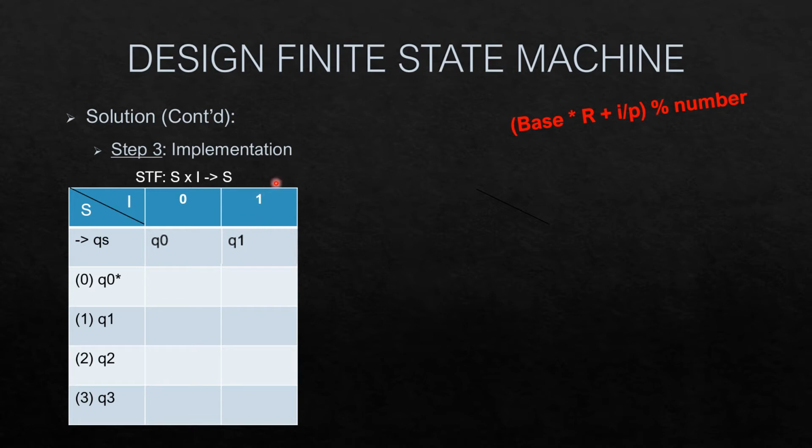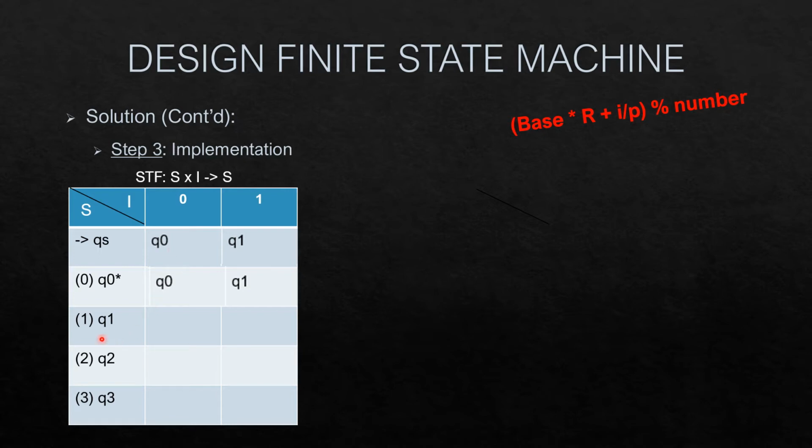So when I divide this 1 by 4, I will definitely get remainder 1. So I have to transit to Q1 state. Similar thing will be represented in Q0 state, because the previous division had given me remainder 0, so the next digit is going to be considered as the number itself.